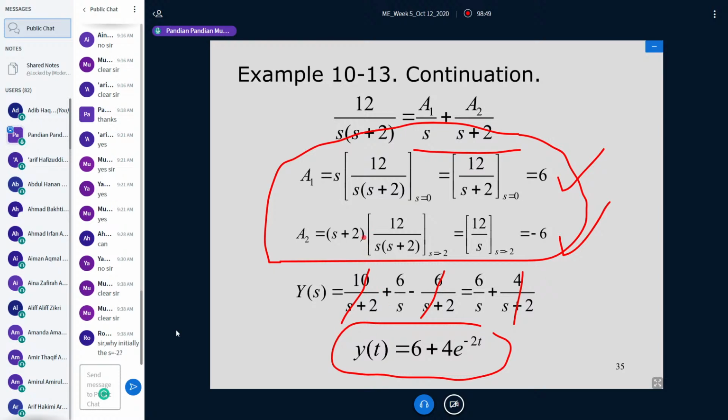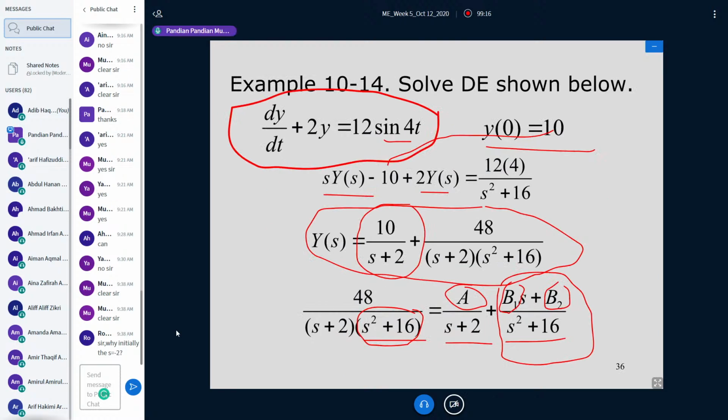You see here, this one S plus 2. So S minus 2, this one. Follow this. So why initially S minus 2? Which one? This one.